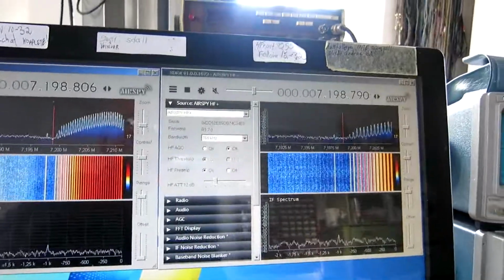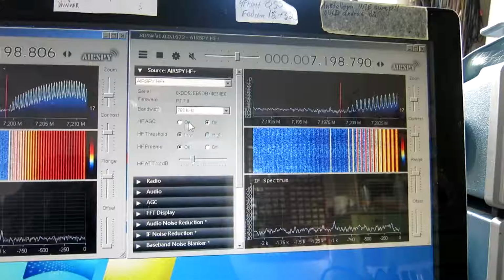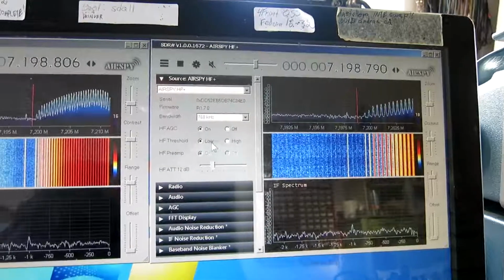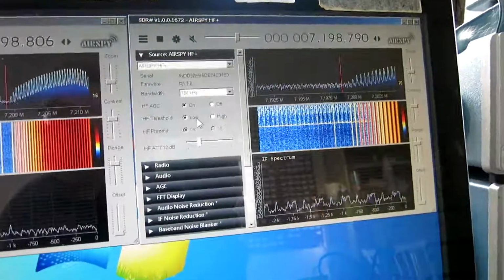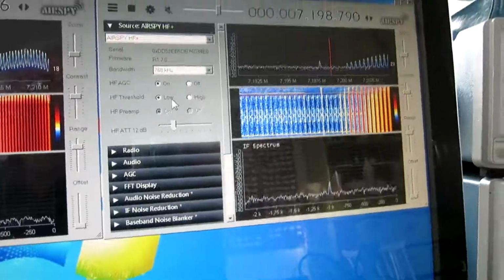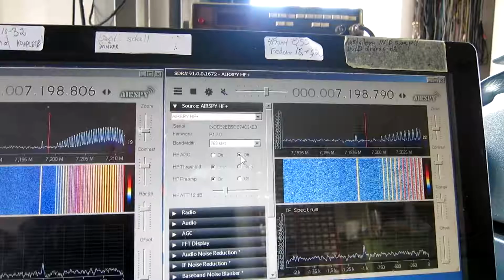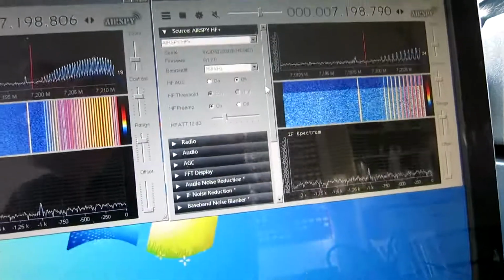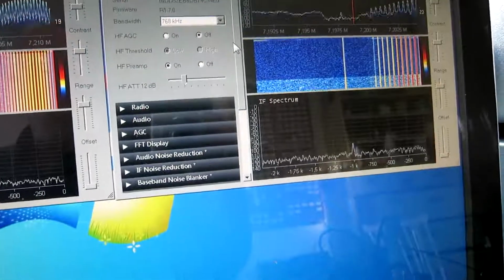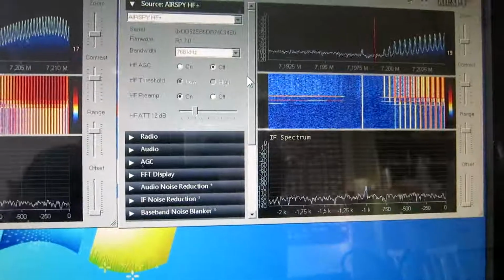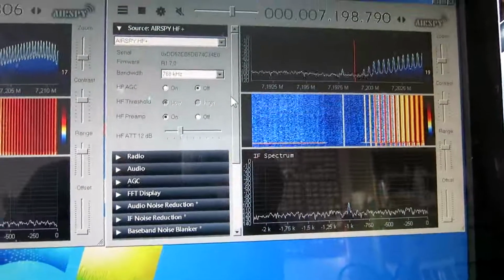And I'm not sure what happened here. I will enable the AGC, turn down 30 dB, and then disable it, and then go back. And now it's much better.